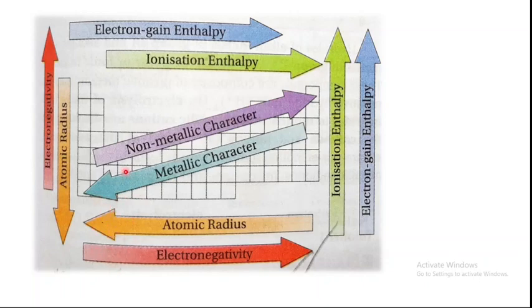As the nuclear pull on the outer electron decreases due to the increase of atomic size on moving down a group, consequently, electronegativity of the atom decreases down the group. So these are all properties of the elements in the periodic table.